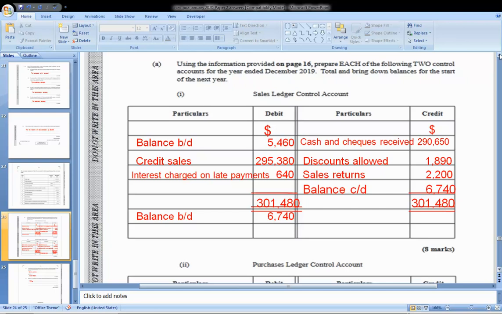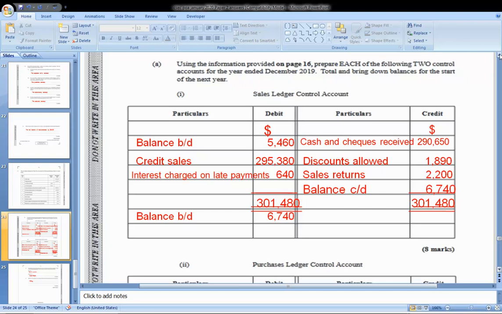So what we are doing is simply taking the information from what we were given and putting it into our sales ledger control, the balances that affect the sales ledger control.